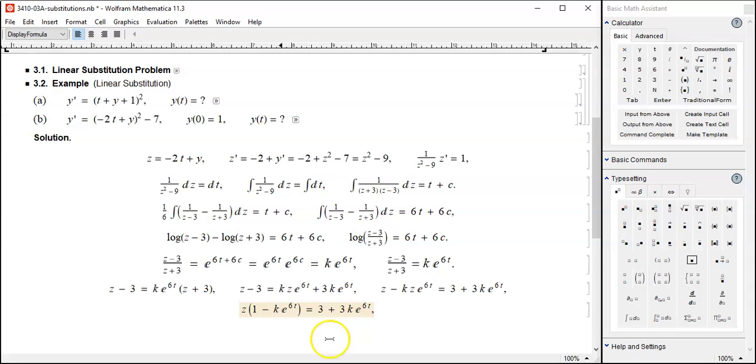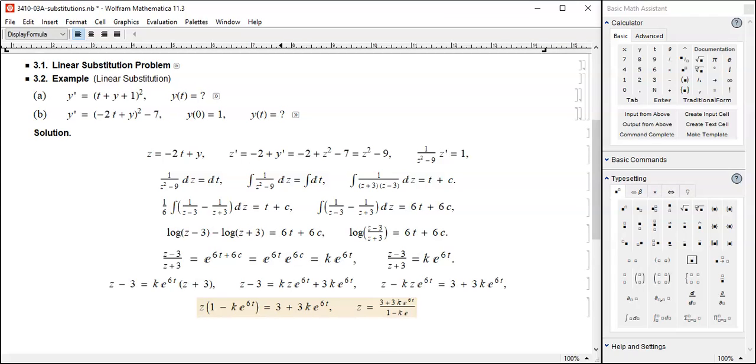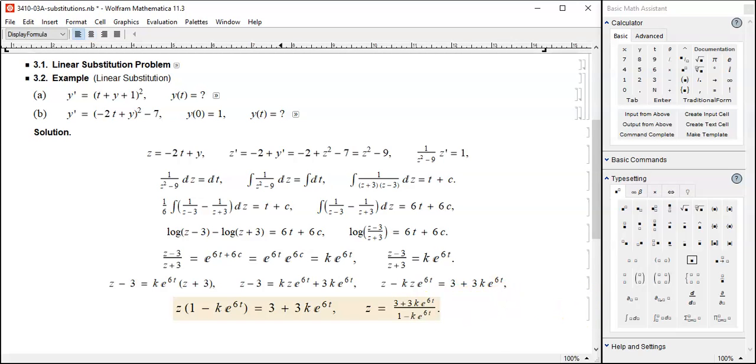Almost there. I'm going to flip this to the other side and I'm going to get z equals 3 plus 3k exponential of 6t divided by 1 minus k exponential of 6t. Let's expand the font. I guess that's it. As far as z is concerned, we have it here.